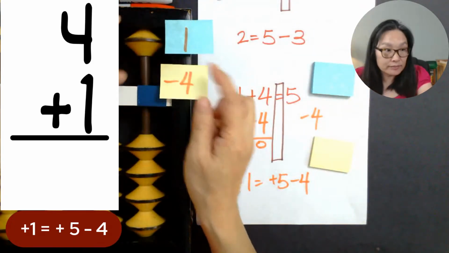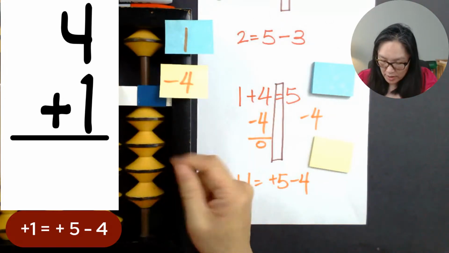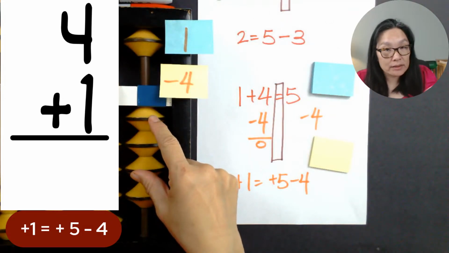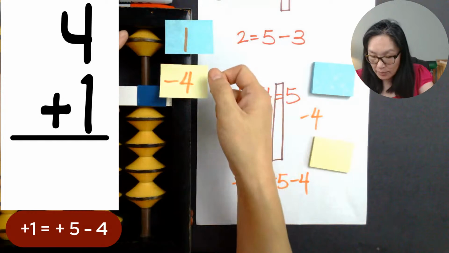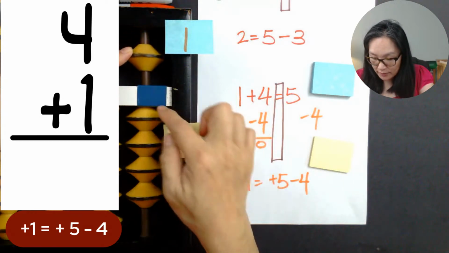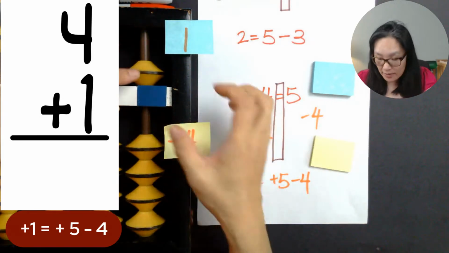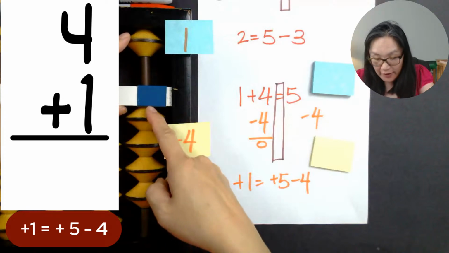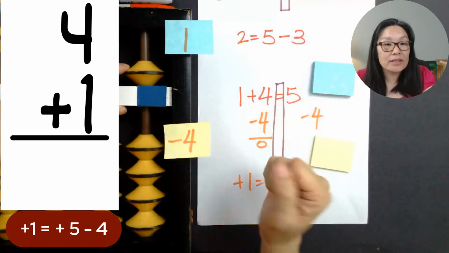Because it's in here. So we have 4, and then we have to plus the 1. Plus the 1 is plus the 5 minus 4, down together at the same time. And that's it. Plus the 5 minus 4, down together at the same time.